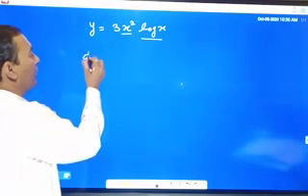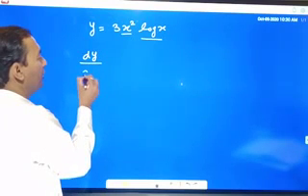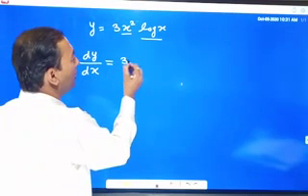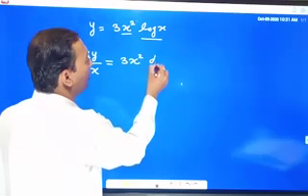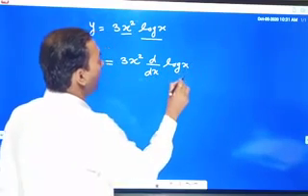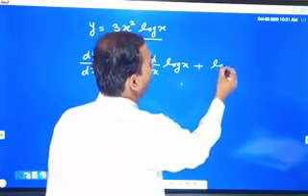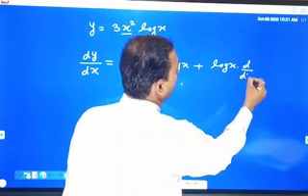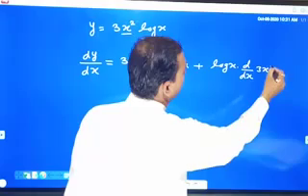Differentiate it with respect to x. Then dy upon dx is 3x square as constant, first differentiation of log x, then plus log x as constant and differentiation of 3x square.